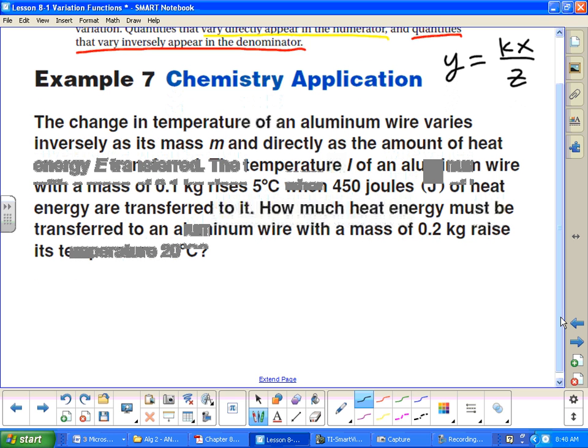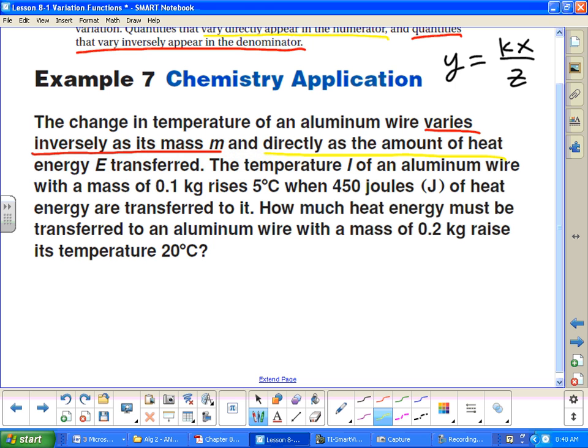It says the change in temperature of aluminum wire varies inversely with the mass, directly with the amount of heat energy E. So we've got change in temperature. We'll use T for the change in temperature.